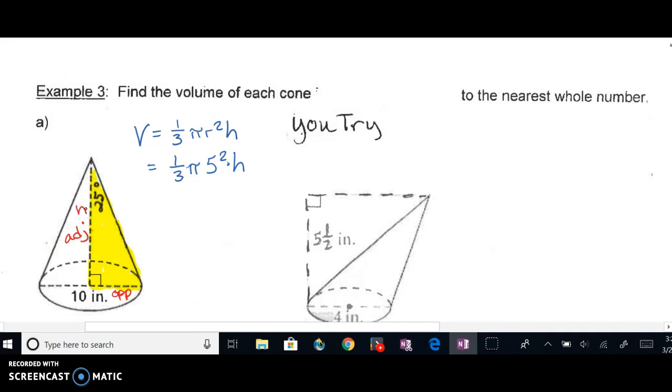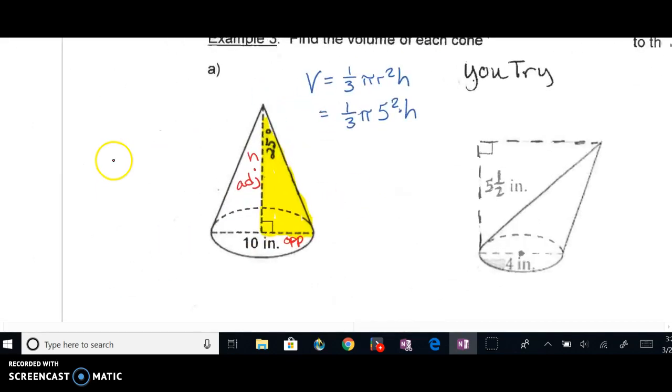to find the height. And so we're going to go over here to our side work. We're going to do tangent of 25 degrees equals opposite, which is 5, over adjacent, which is our height. Tan 25 degrees comes out to 0.466.